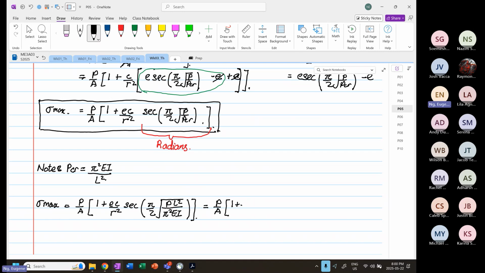And you have 1 plus EC over R squared. And then you have secant. And we can cancel the pi's. Okay. And then the L squared we can remove. So you have L over 2. And then this over here is square root P over EI. Okay.